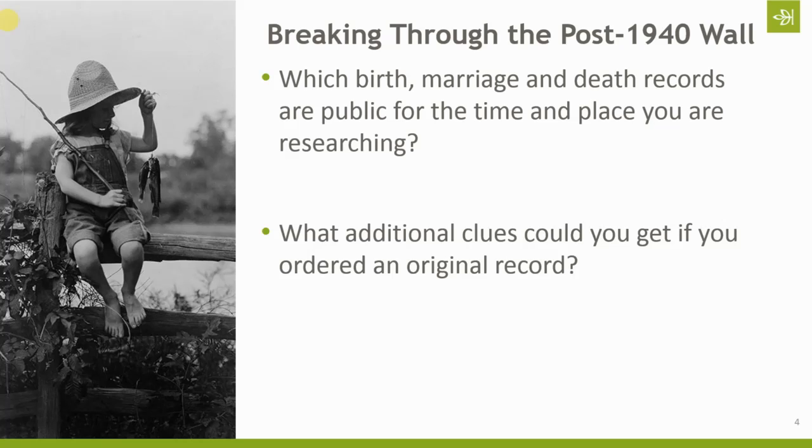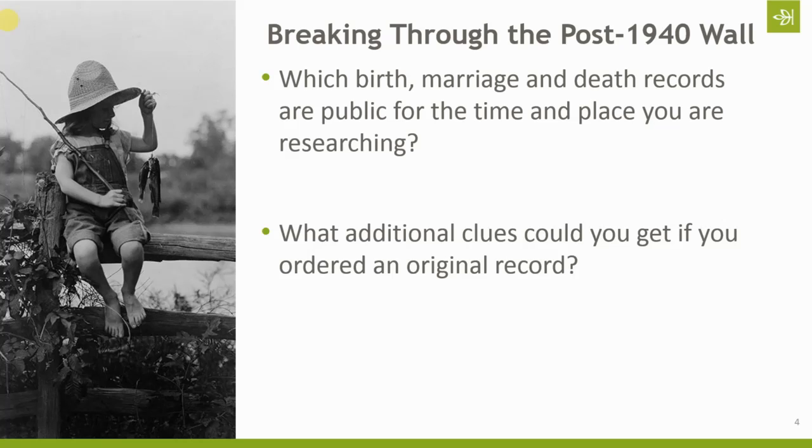So many of the records on Ancestry, even though they go up through current times, like the California Birth Index, the state organization has not allowed us to publish a copy of the original document, the original birth, marriage, or death certificate online. So they do have a type of privacy.